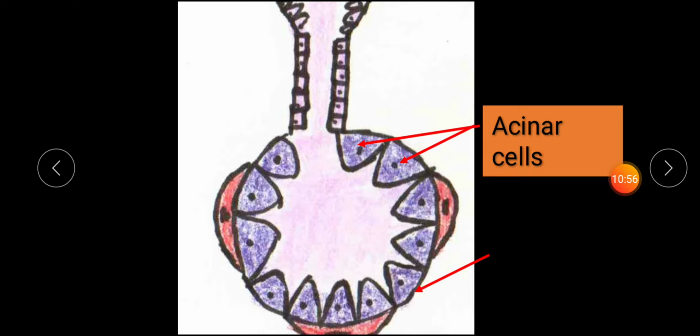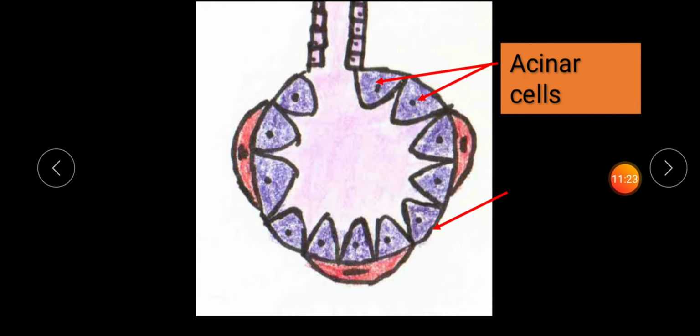Now, these cells vary according to the serous and mucous type of acini. If the acini is serous, you have pyramidal cells, but whenever a mucous type of acini is present, the cells lining the lumen of that acini are either pyramidal or columnar.